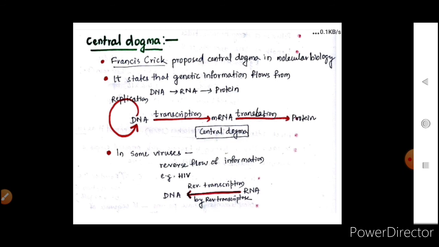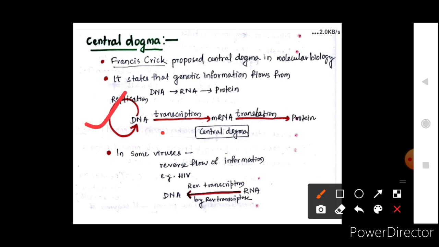This DNA is present in the nucleus, so the message which has to be translated is transported by an RNA known as messenger RNA, and the conversion of DNA to messenger RNA is transcription. Messenger RNA is then converted into a functional protein which is essential for the physiological processes of the body, and that process is known as translation. So DNA to DNA is replication, then transcription, and then translation.